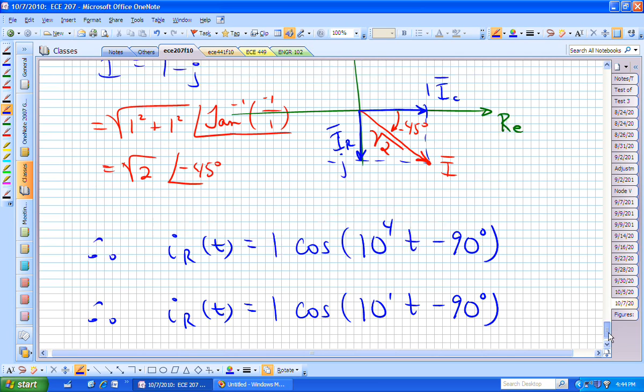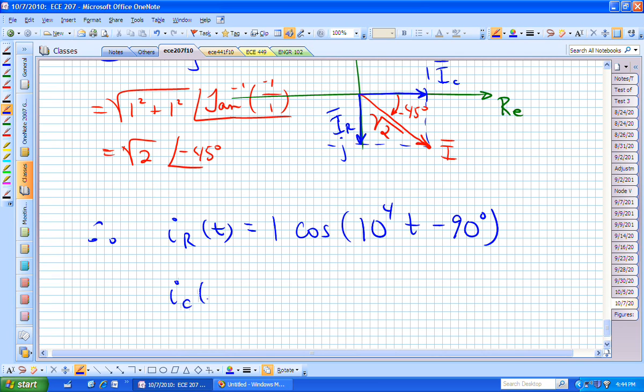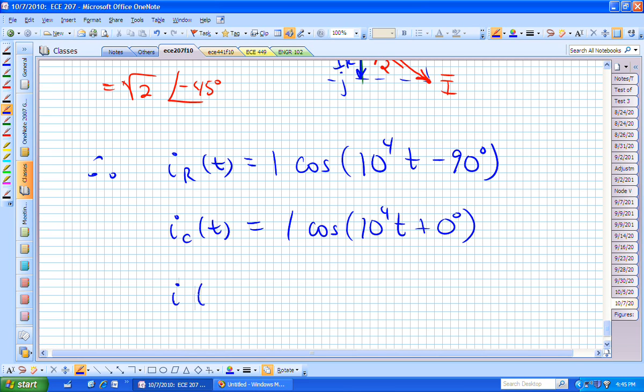What about I sub c? Its magnitude was 1. It's oscillating at exactly the same omega. What's its angle? It didn't have an angle. You wouldn't have even had to put that plus 0. You could have just said 10 to the 4th t. What's the current I of t, which is really the inductor current going from left to right?